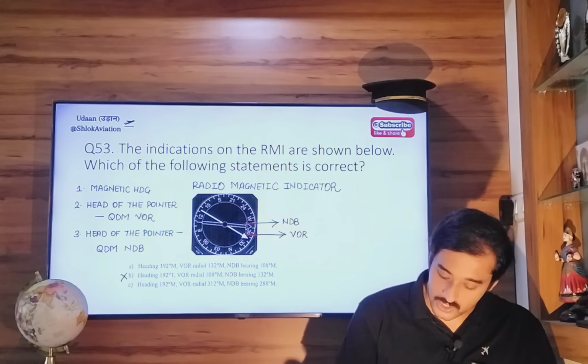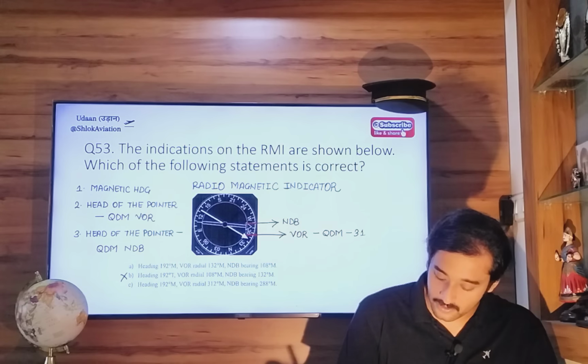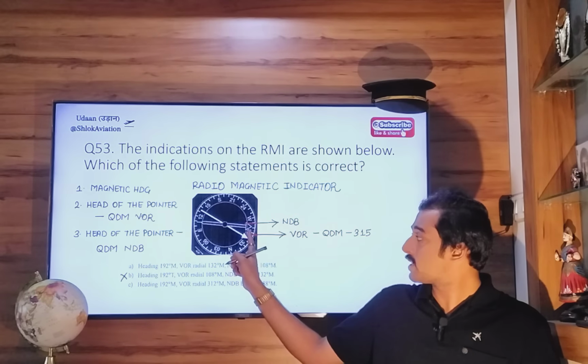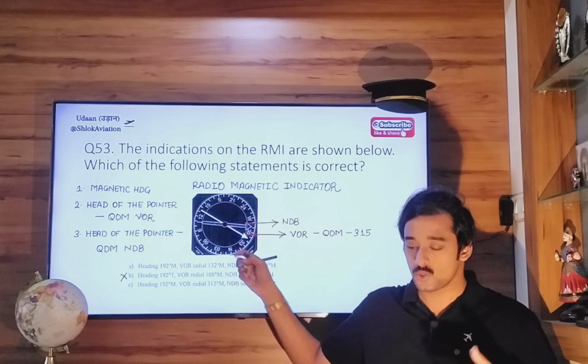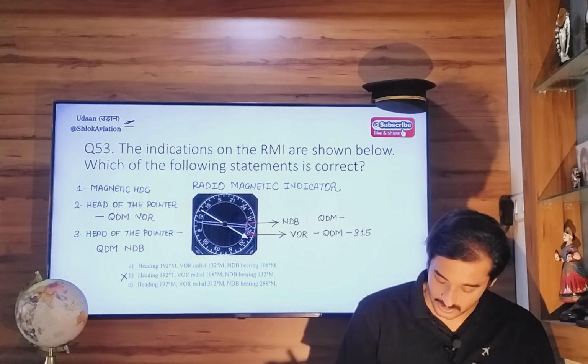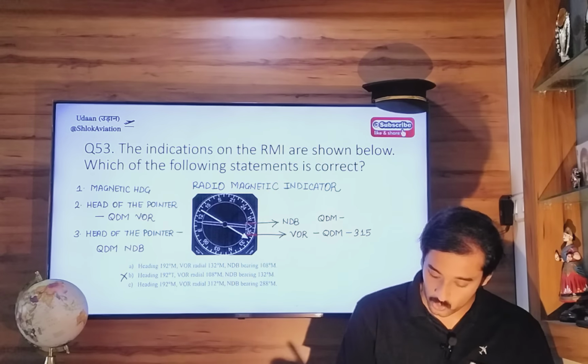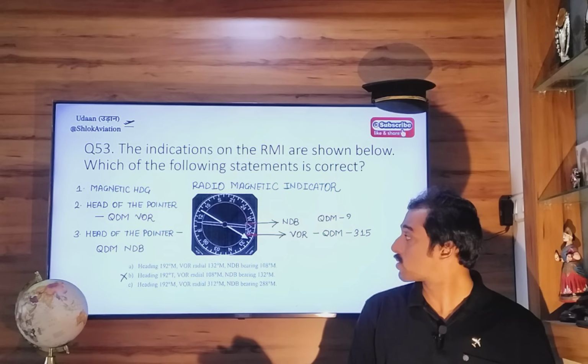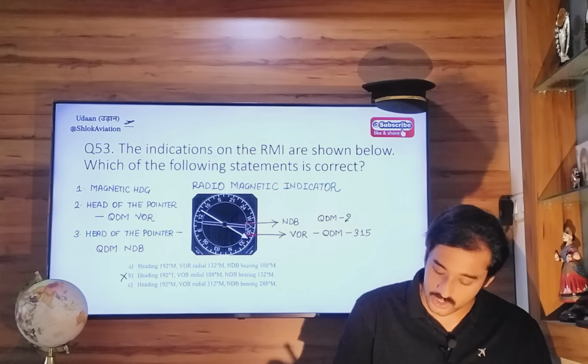So QDM of this VOR is pointing towards 315. The QDM of this NDB needle is pointing at a little bit less than 290, not perfectly 290, let's say it's 288.